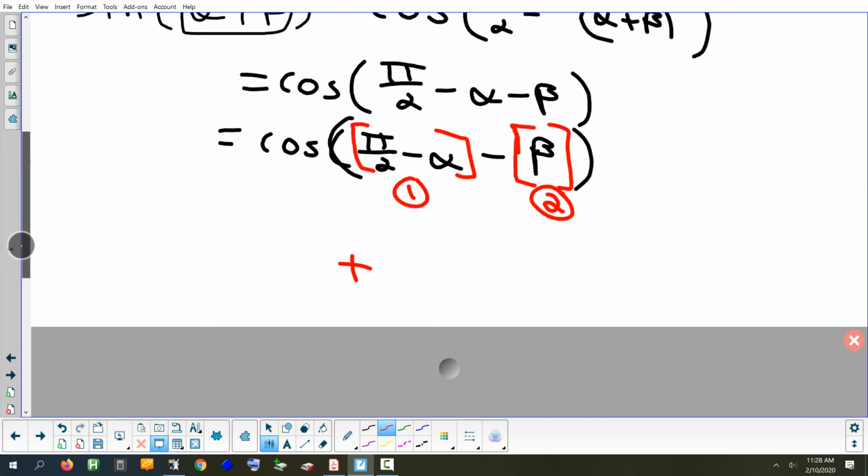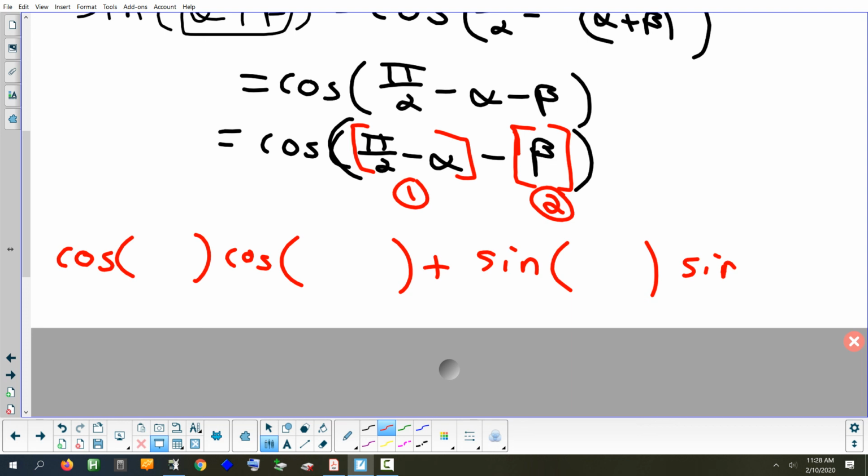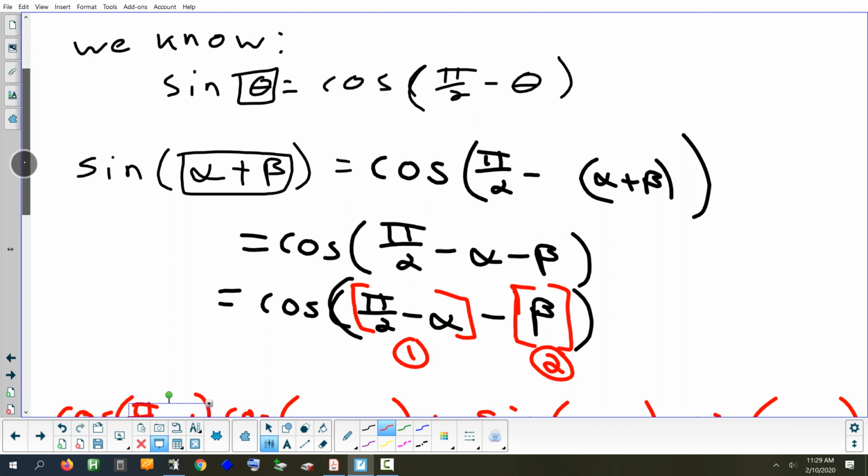Okay, so let's put cosine, and then sine. What's going to go in my first argument? Pi over 2 minus alpha. So it's the cosine of pi over 2 minus something.